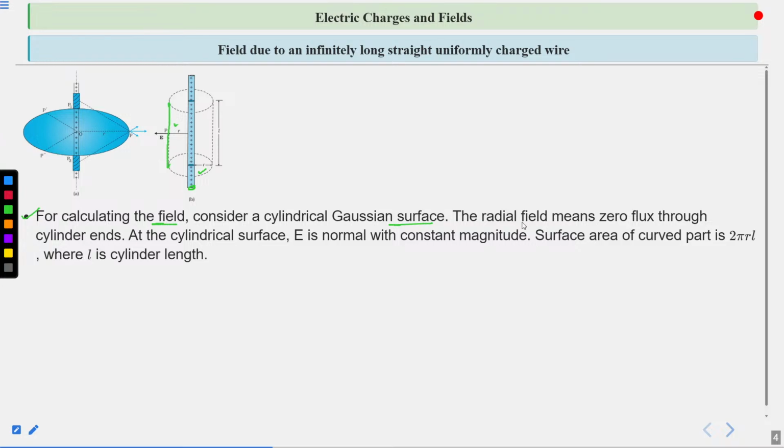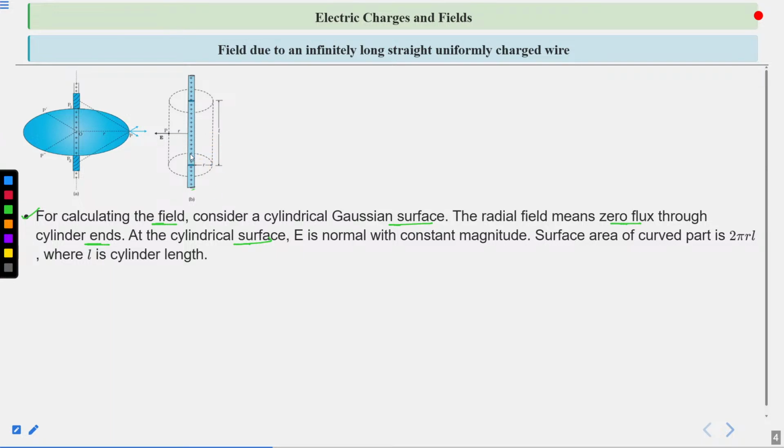The radial field means zero flux through the cylinder ends, because we neglect them; if there is no electric field, the flux is also zero. This is the cylindrical surface. The length of the cylindrical surface is L, and the electric field is perpendicular to the ends. Why?